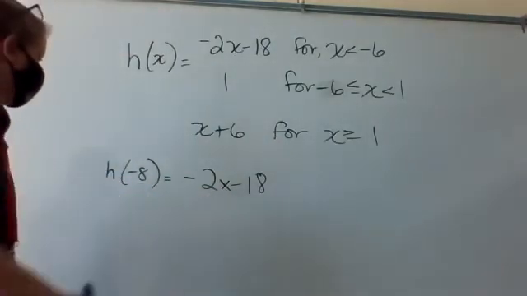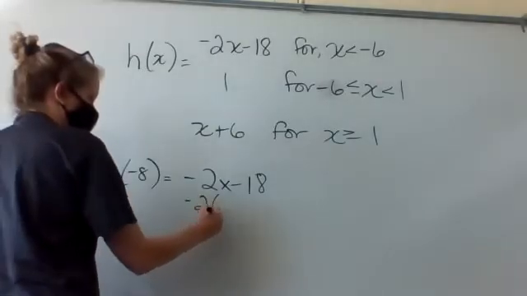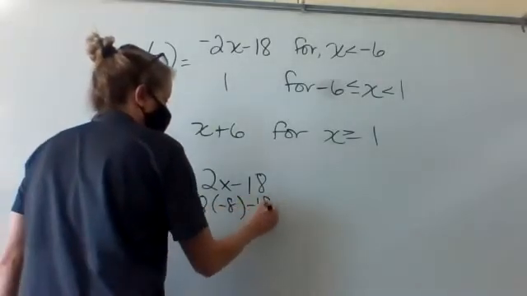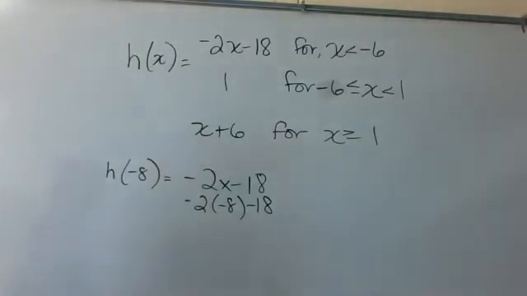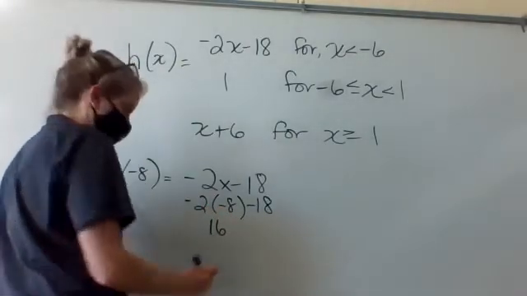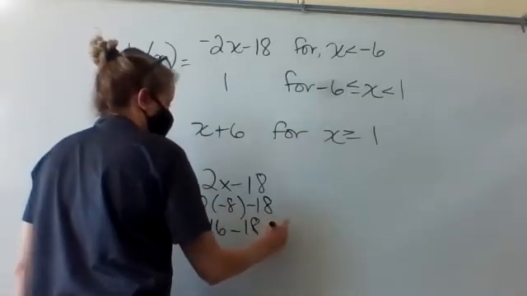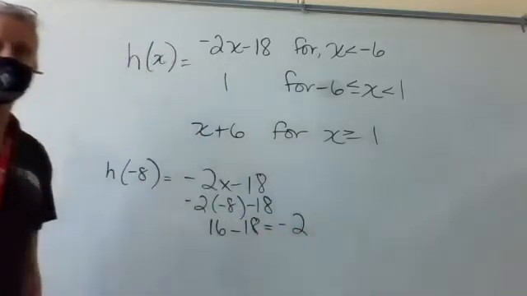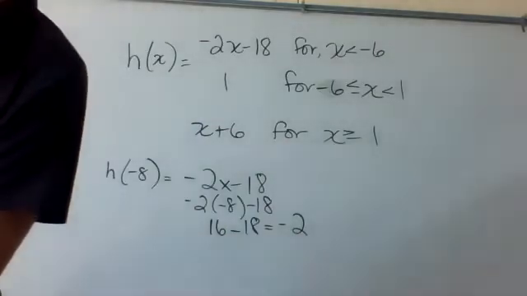So I'm going to replace that x with negative 8. So I have negative 2 times negative 8 minus 18. Negative 2 times negative 8 is 16. 16 minus 18 gives me negative 2. So negative 2 is that answer.